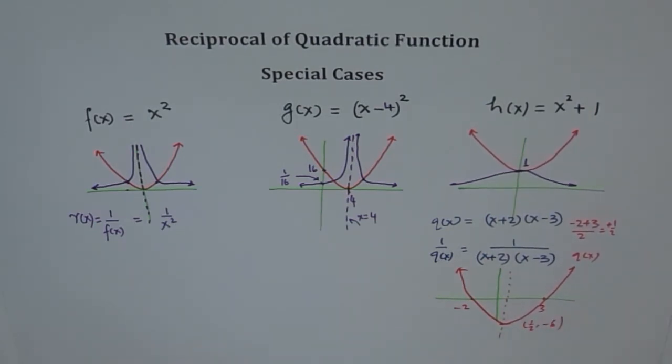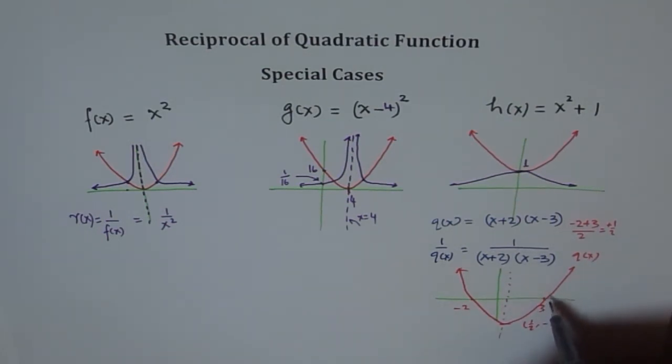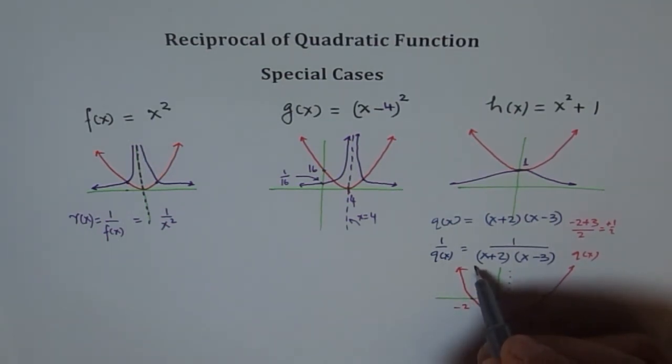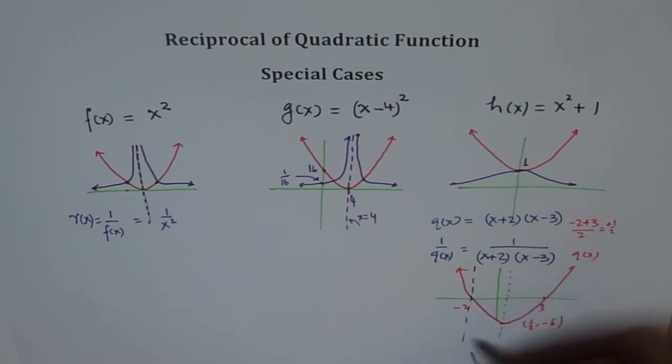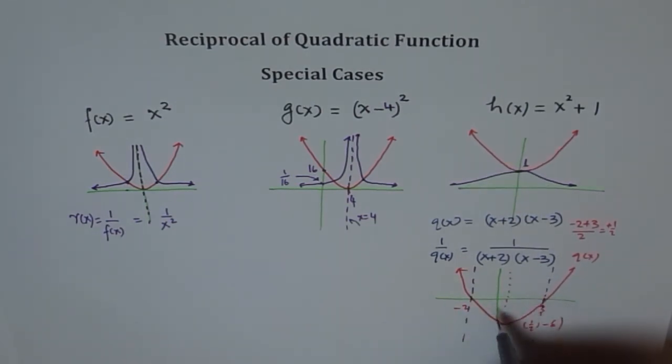Minus 6. Okay. Now, if I have to draw the reciprocal of this function, in that case, I have vertical asymptotes at the zeros of the original, correct? And my local minimum will be here, which will be 1 over 6, right? Correct?